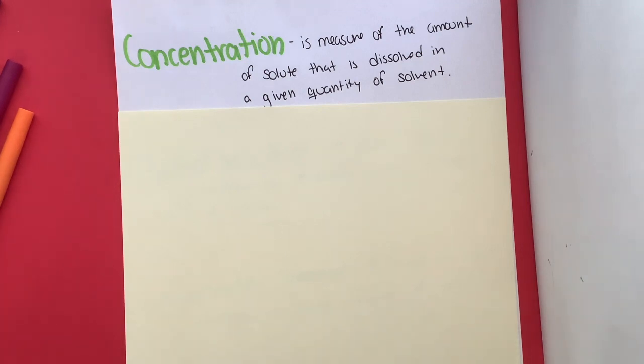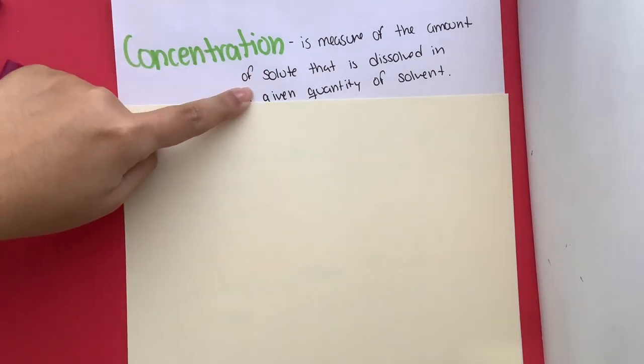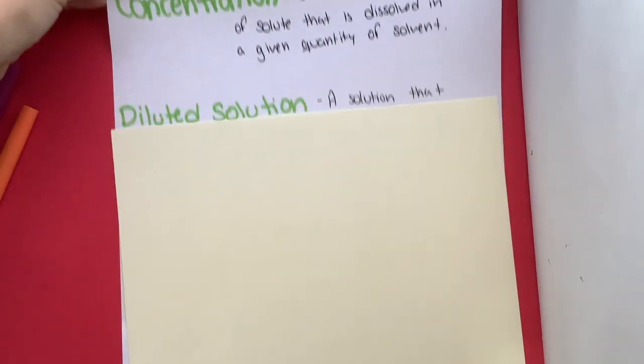If we're talking about salt water, it is how much salt is dissolved in your water. You could have a very salty salt water or a salt water that's not as salty. So concentration tells you how much solute you have dissolved in your solvent.